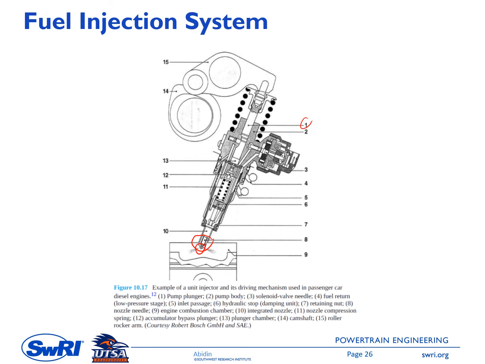The fuel amount here is controlled by these mechanisms, 14 and 15. This one is the camshaft, and the rocker arm here controls the movement of the plunger.